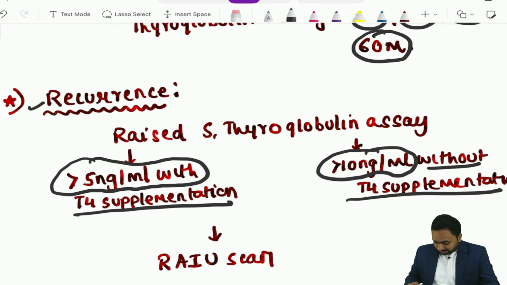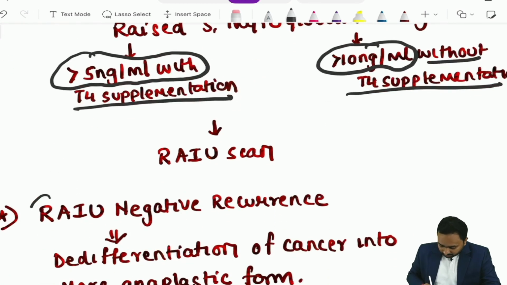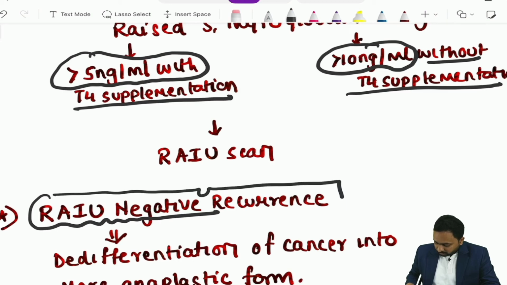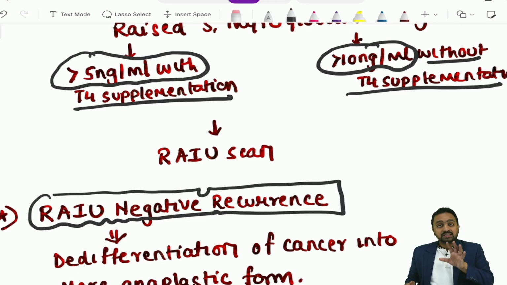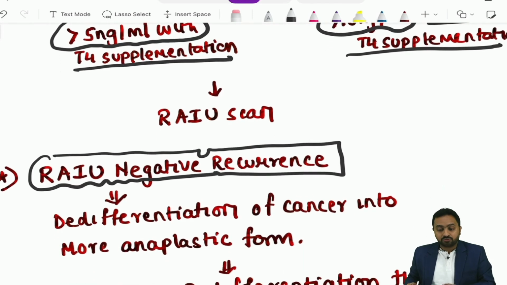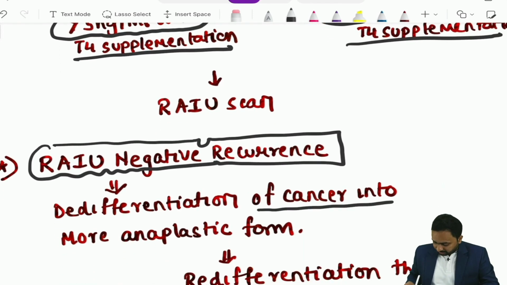Now there is an entity when the radioactive uptake scan is negative, but there is a recurrence. So why would it occur? This is occurring because of dedifferentiation of cancer into a more anaplastic form.